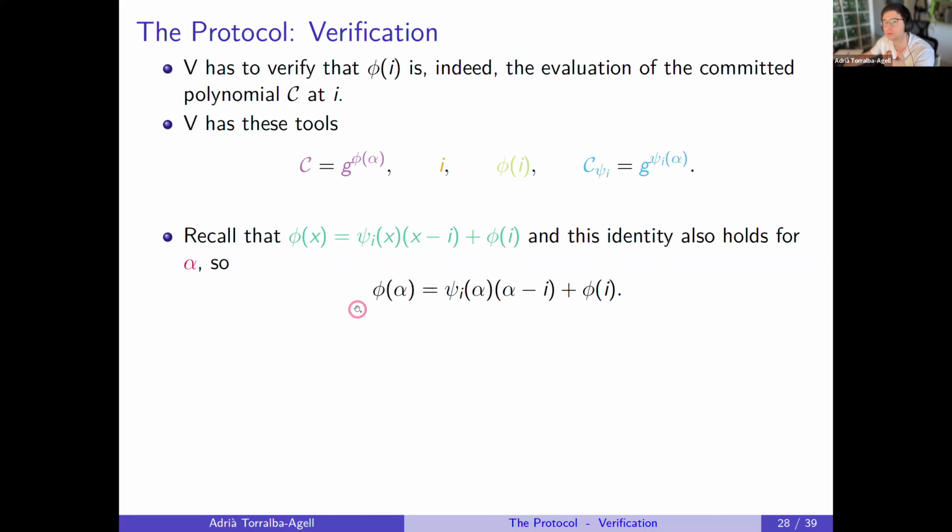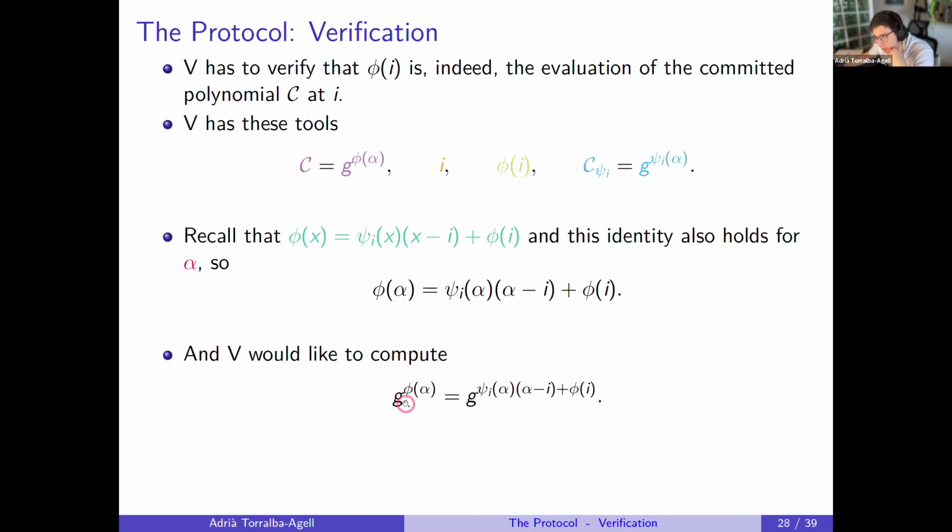So if we replace x by alpha, this is still valid and correct. So the verifier would like to compute G to the left-hand side equal to G to the right-hand side. Why? Because he knows some things here. For instance, he knows this, and he knows G to the phi of I. But we don't know G to the alpha times this.